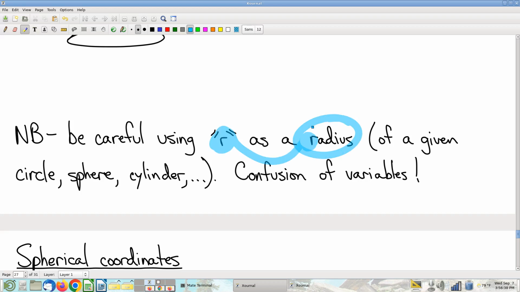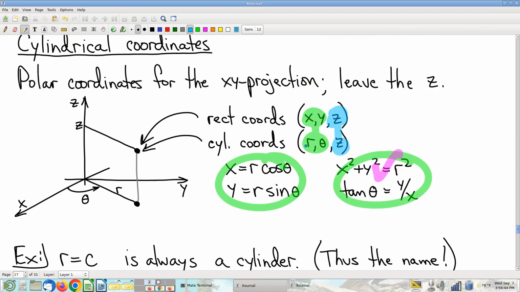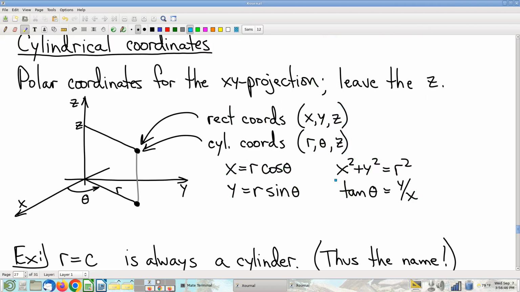Good idea not to do that, because now we need r to be a variable. Very importantly, r is a coordinate, and so we can't also let it be a constant.